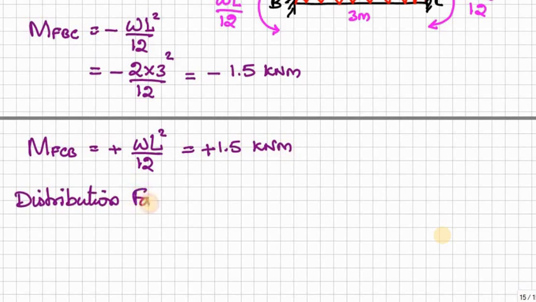So the next step is to find the distribution factors. For each joint we have to calculate the distribution factors, that is, only for internal or interior joints.